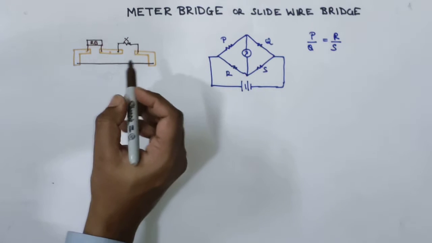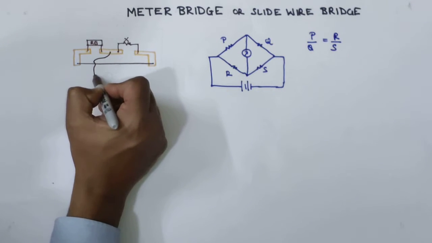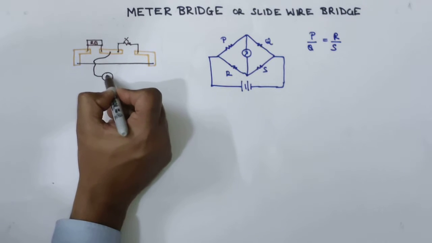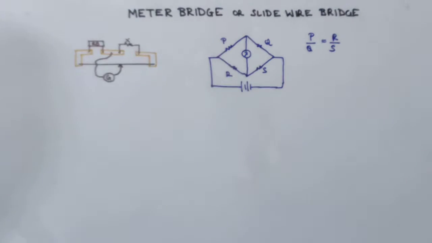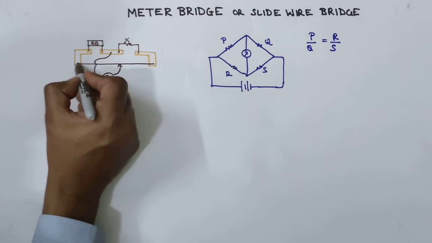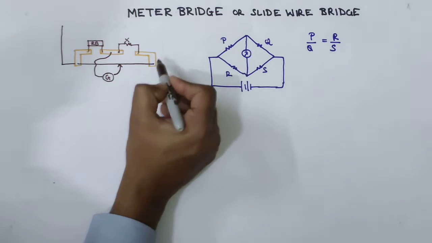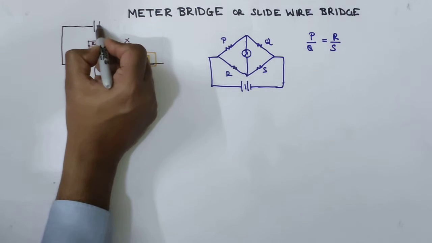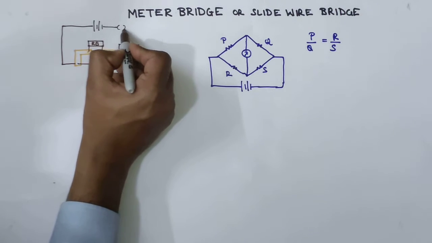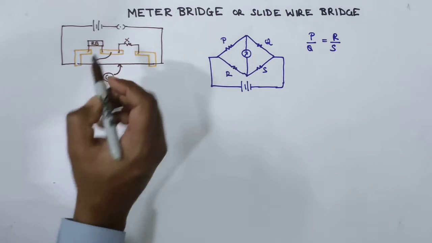Say that unknown resistance is X. And from the middle terminal, here you have a wire which is connected to a galvanometer which is connected to a jockey. And these two terminals are connected to a battery, which is basically giving supply to this entire meter bridge apparatus.